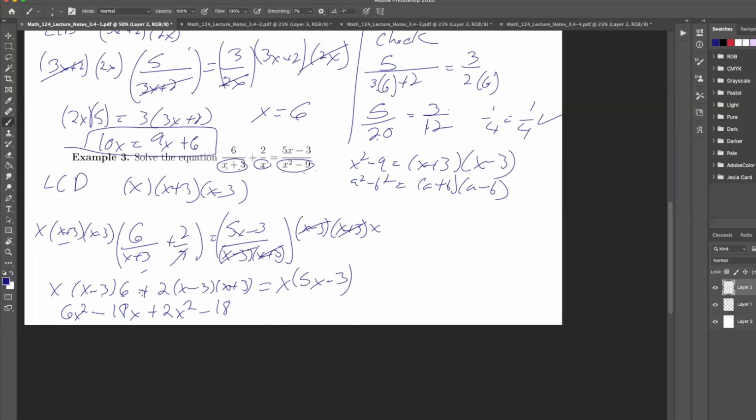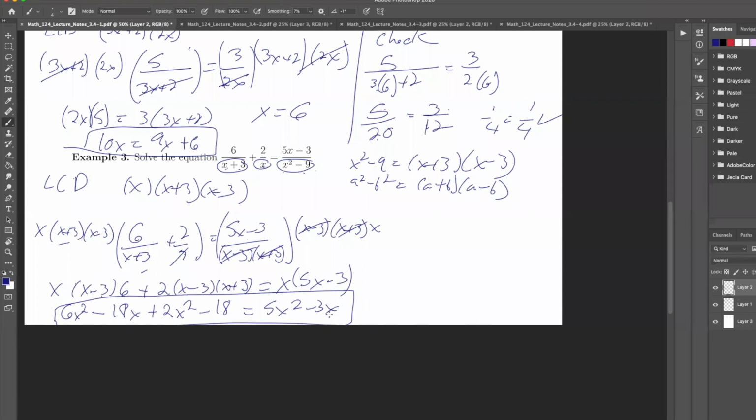Because remember, this is the same as x squared minus 9, so just multiply by a 2, and a 2 is equal to, and here if I multiply the x in here, I get 5x squared minus 3x.